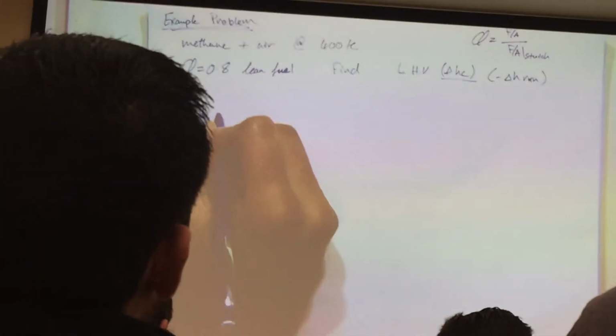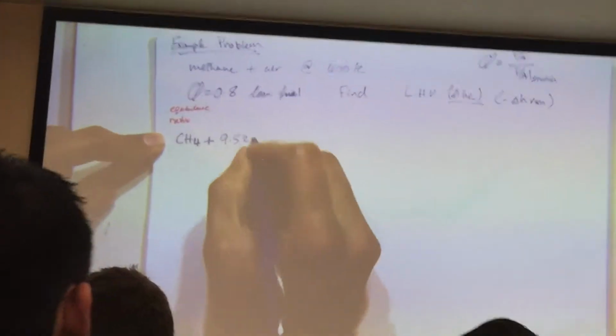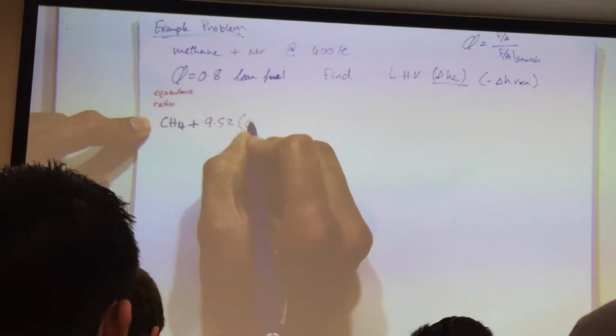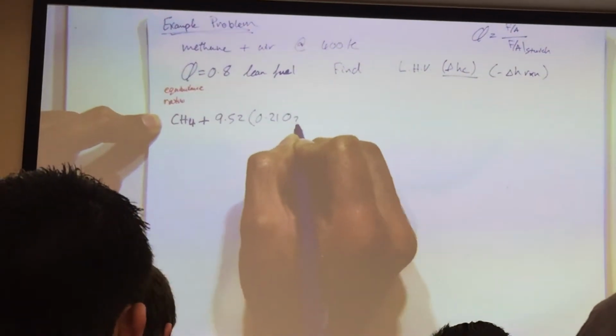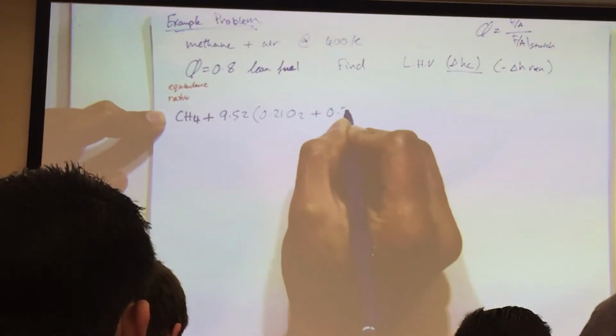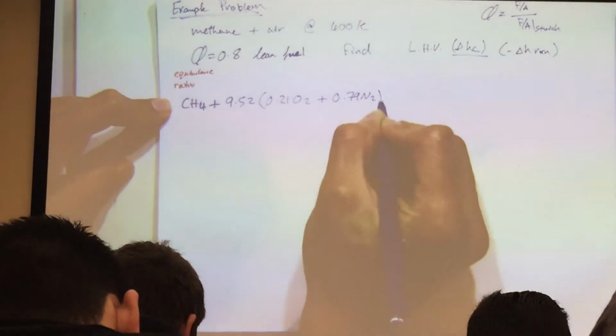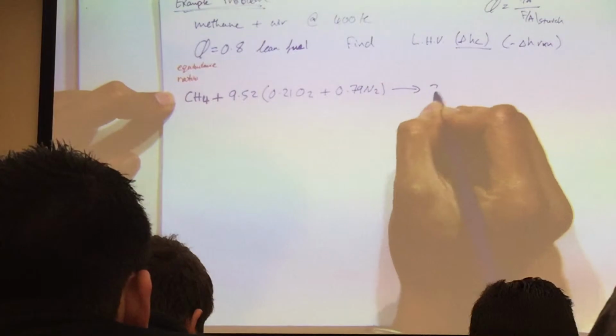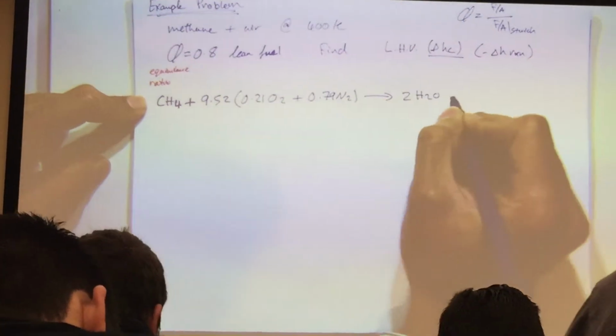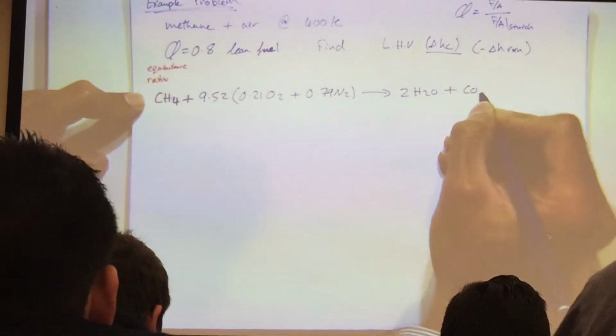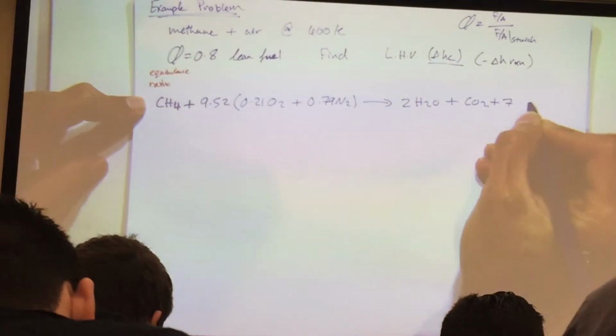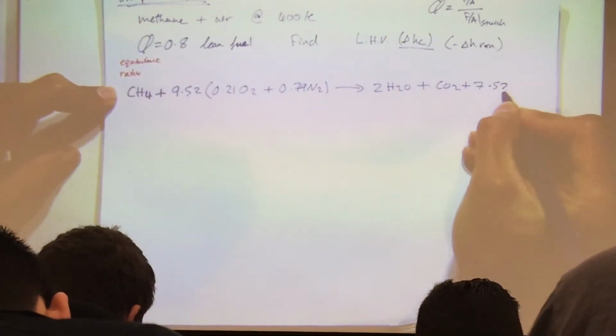The stoichiometric condition ended up being 9.52, 0.21 O2 plus 0.79 nitrogen gives us 2 H2O plus CO2 plus 7.52 nitrogen.